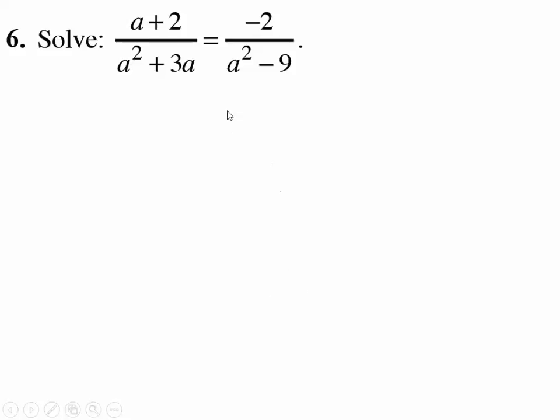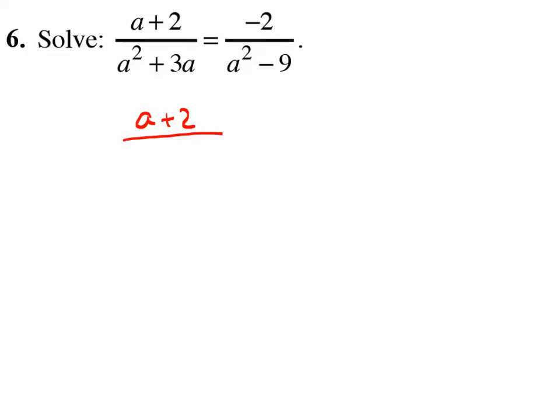Because if you cross multiply, look what's going to happen here. You're going to multiply by a squared. Oh boy, this is going to be crazy. So you're going to get a to the third now. And that's going to be a lot of thinking. So let's just do what we have been doing for the last 3 problems. Let's, as much as we can, simplify or factor our denominator.